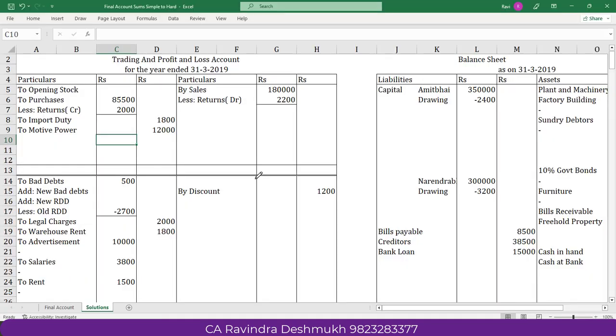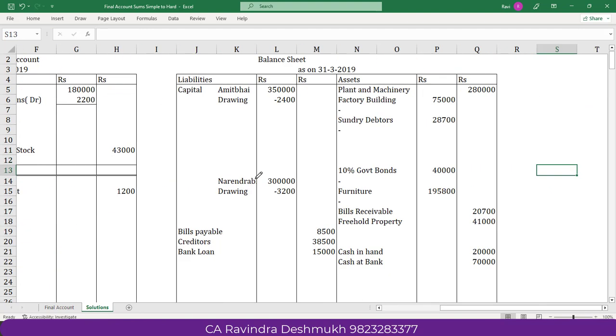The first one, closing stock 43,000 here, and the second effect will be given on the asset side, closing stock 43,000. Right. Okay. See here, these are the two effects.